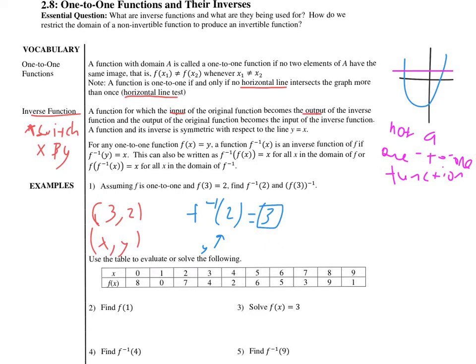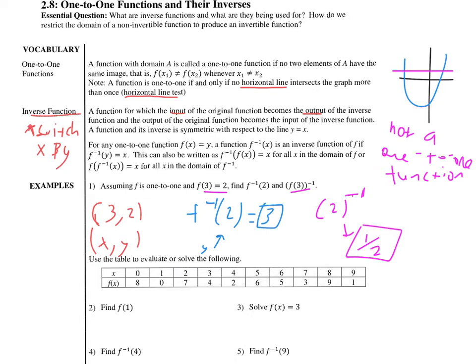The next question they have here is a little bit different. On the inside we see f of 3, and f of 3, according to this point back here, is 2, and it says 2 to the negative 1 power. We know 2 to the negative 1 power means 1 over 2.